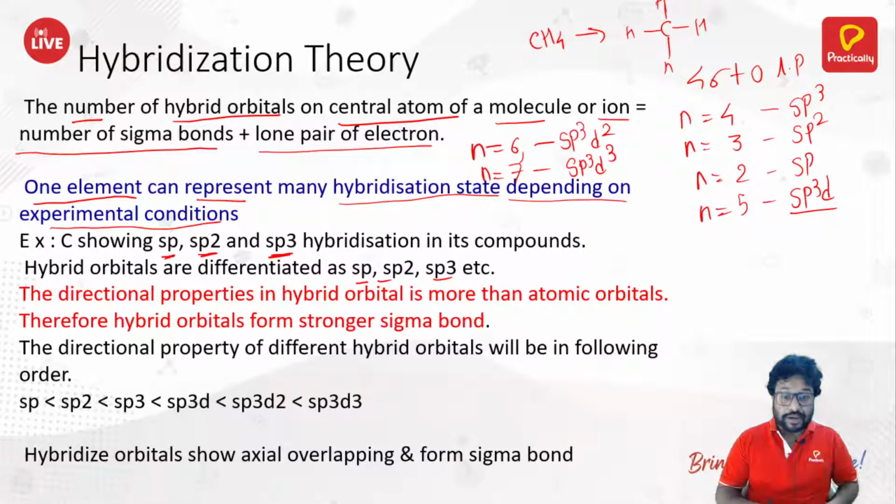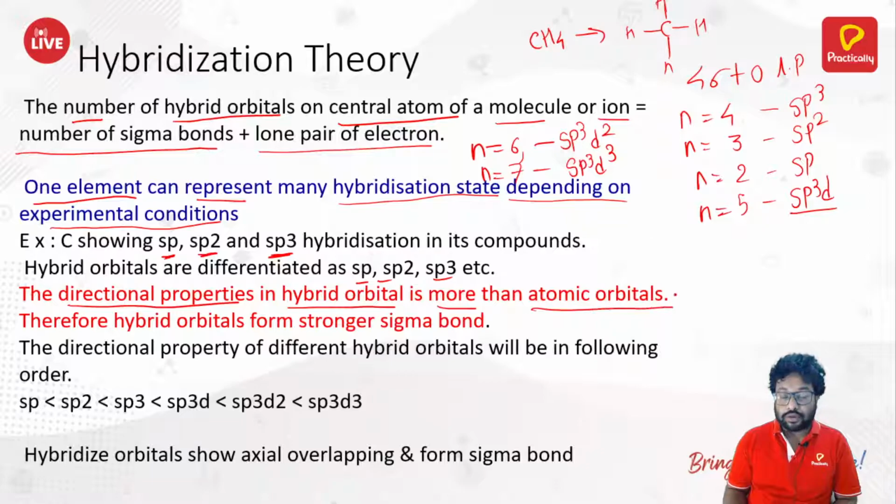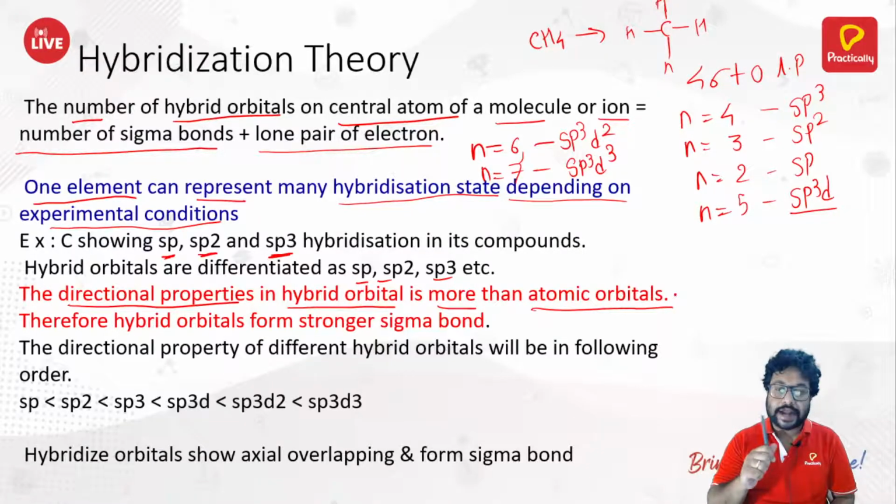The directional property in hybrid orbitals is more than the atomic orbital. As we had seen earlier in the overlapping theory, the orbitals having higher directional property can overlap more effectively, giving you a stronger bond.